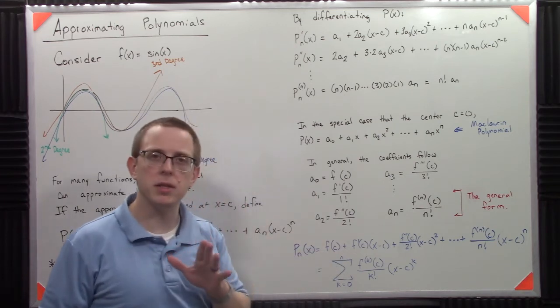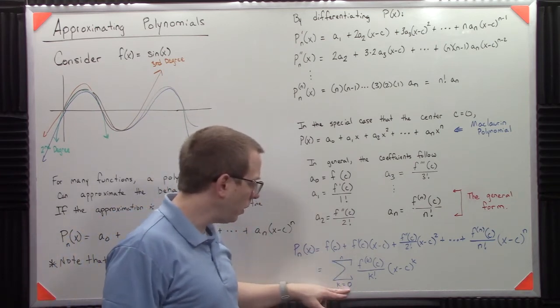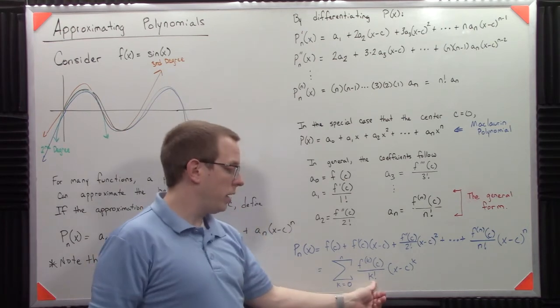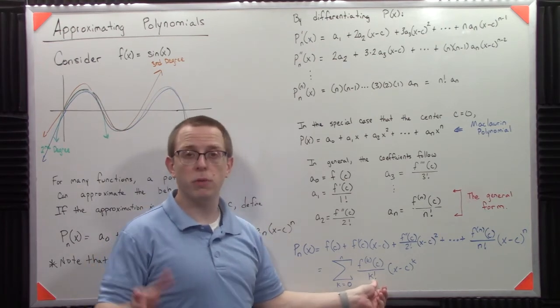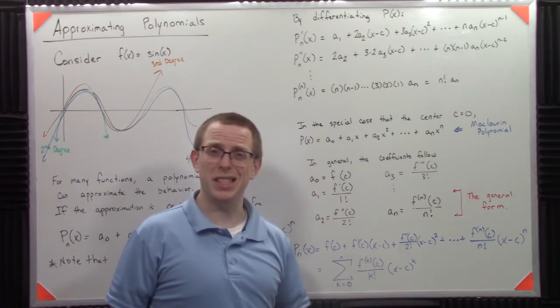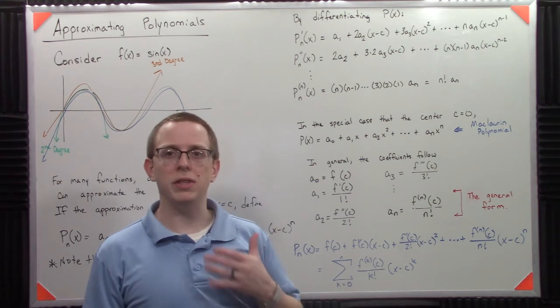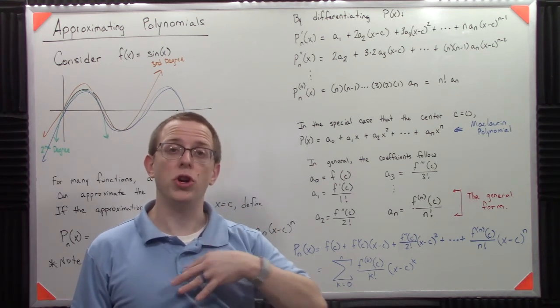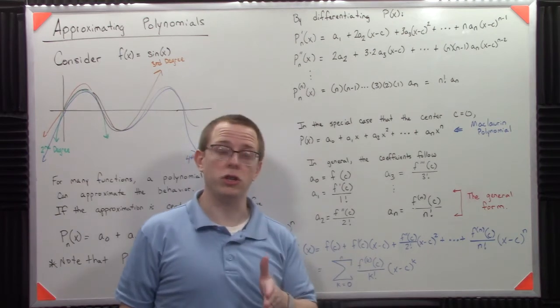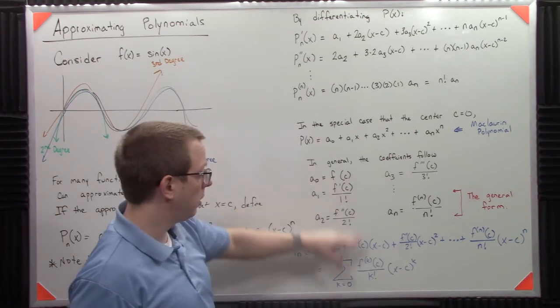Well, let's think about this for a moment. In the case where k is 0, in the starting version, you have 0 factorial on the bottom. 0 factorial is just 1 if you've forgotten. And then I have the 0th derivative. That means you are not taking a derivative. So the 0th derivative is just the function value, which is this.